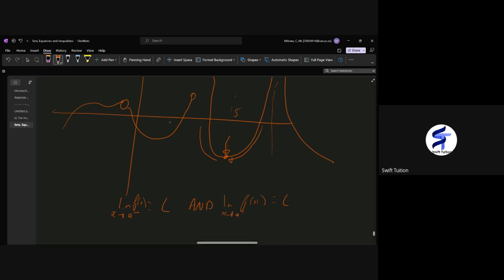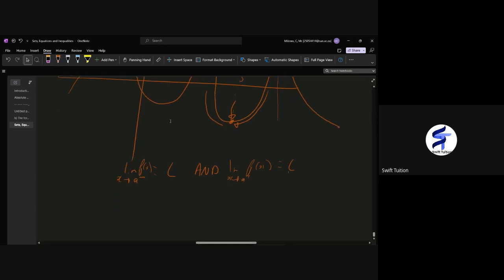And the most important part to say that we don't lift our pen is that f(a) specifically, if you actually plug in that a value itself, is also equal to L.